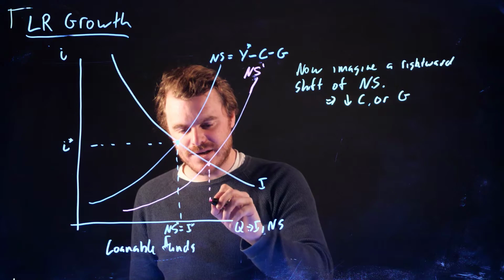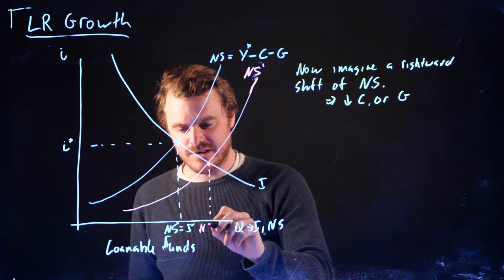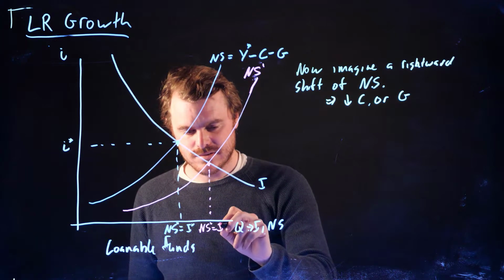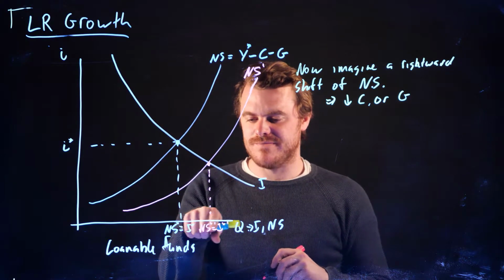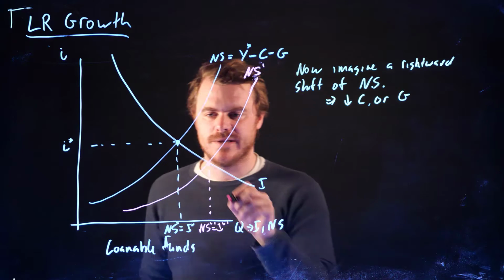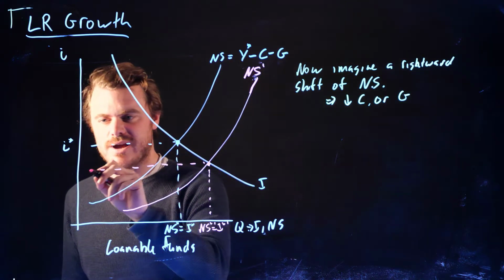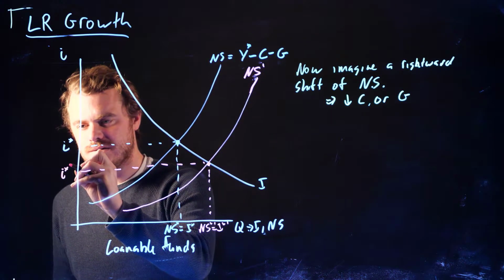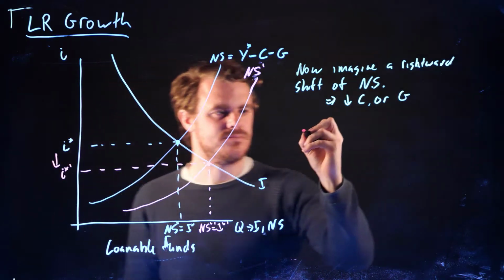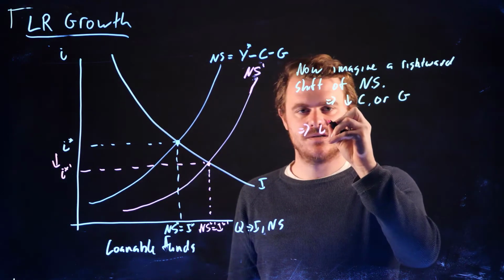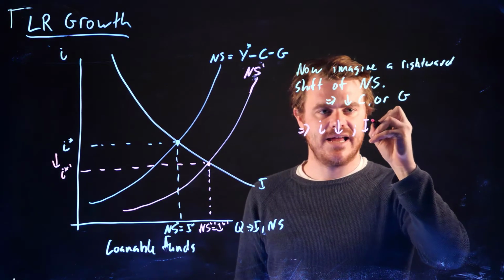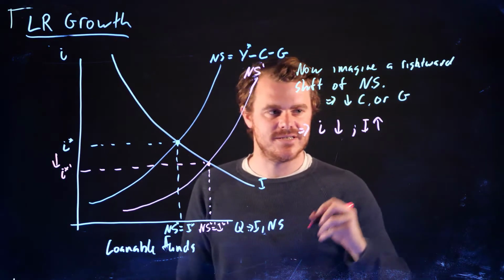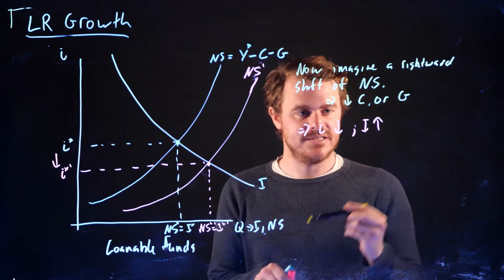Now what's going to happen is we have a higher level of national savings and investment in equilibrium, and our interest rate has fallen. I decreases and investment increases.